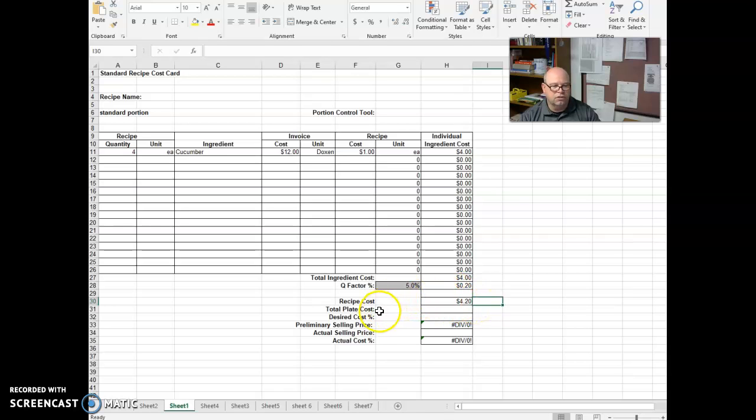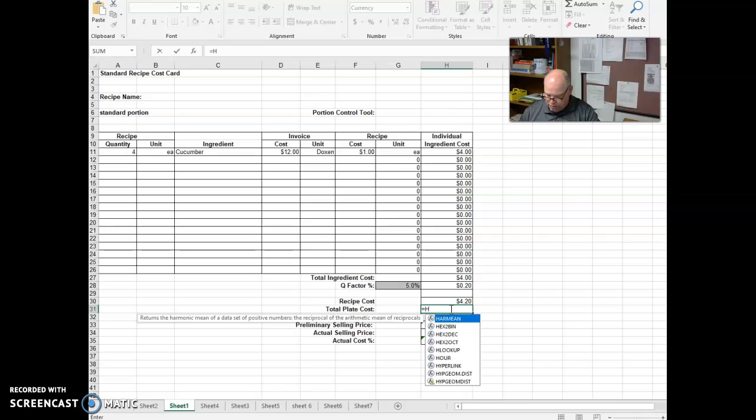So you still have the total plate cost that's here, but you need to change the equation in this cell, because prior to this, the total plate cost was actually doing what we just did for the total recipe cost. So you're going to double click on this cell, and in that cell you're going to put equals H30, and then the slash, so you're going to divide it by however many portions are in your recipe.